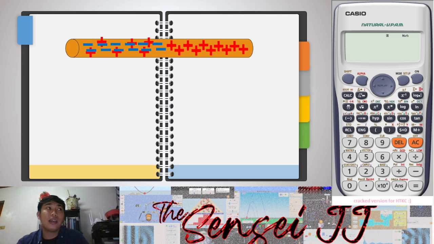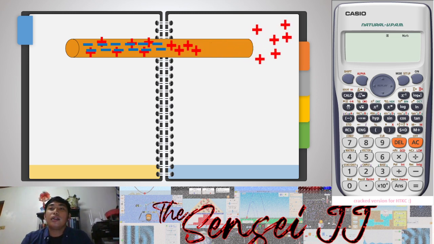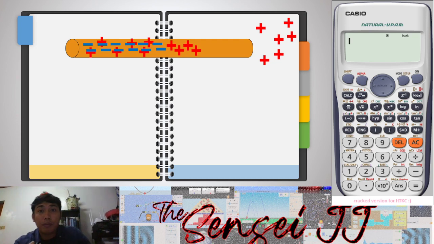When I say move first, they will be attracted to our electrons. And when the positive charges go into our conductor, what will happen is other charges will tend to move out. Those other charges are the positive charges, those are the protons, will move out.